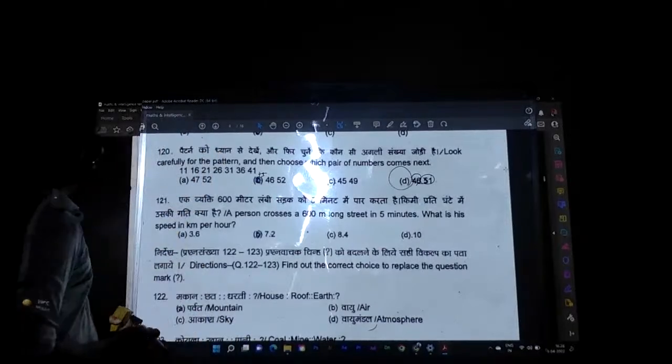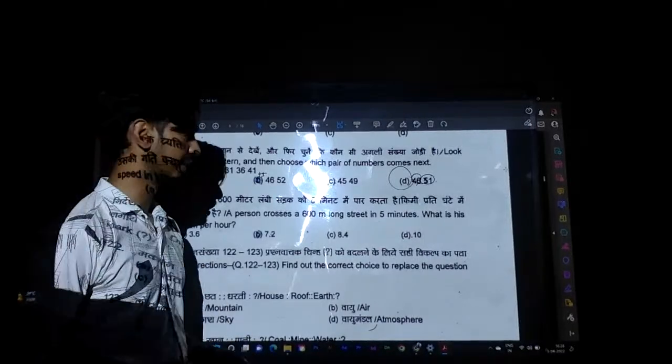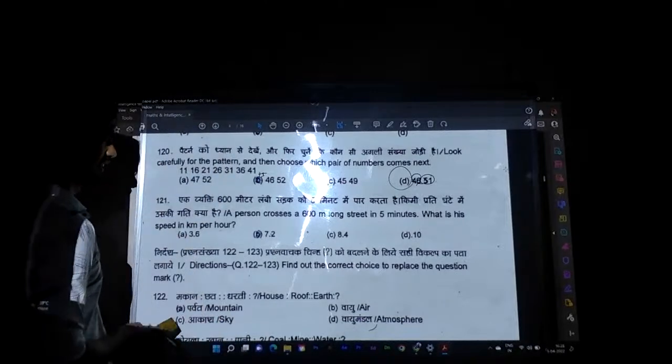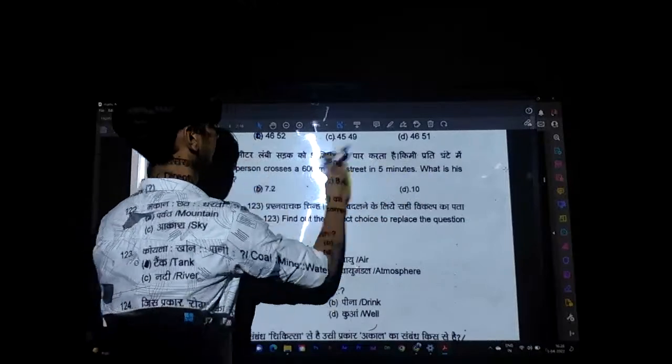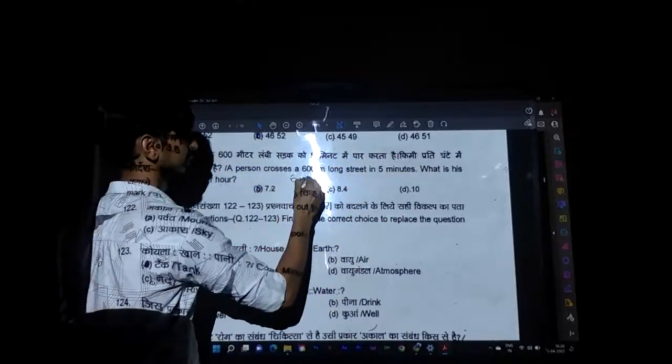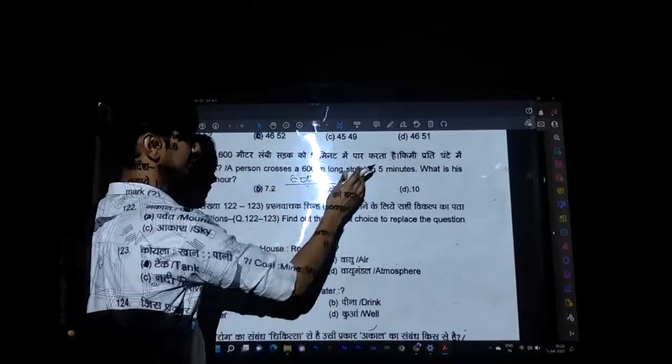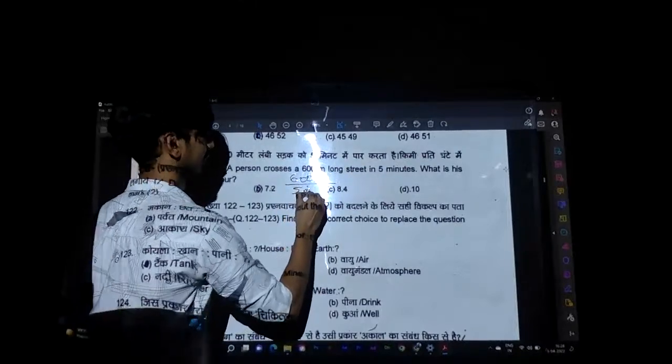Question number 21 actually belongs to the maths area, not really to the intelligence. So what you have to do: the distance is given as 600 meters and the time is given as 5 minutes.